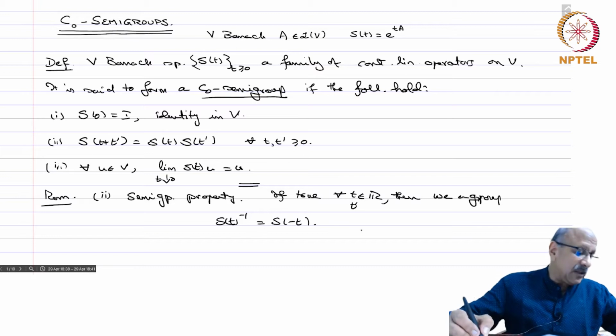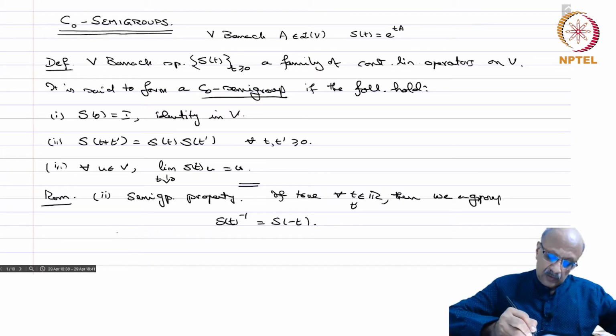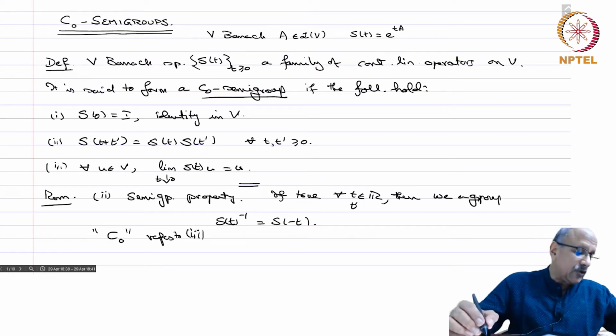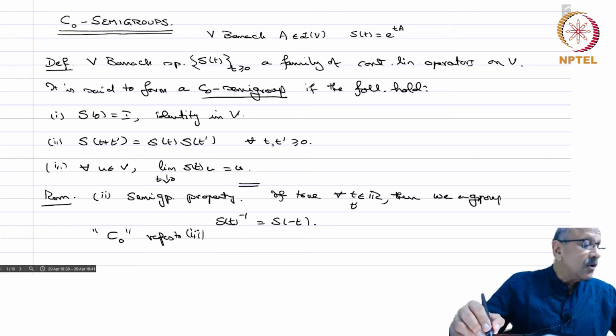Okay, S(t) will be invertible and its inverse will be S(minus t). Now C0 refers to property 3, namely you have some kind of continuity at the limit at t equal to 0.